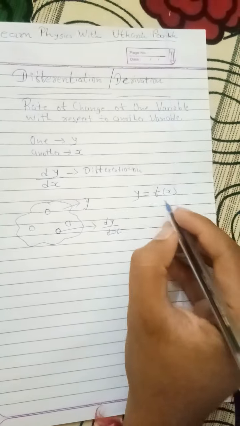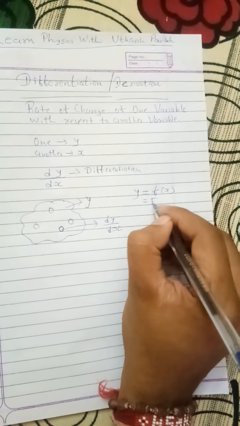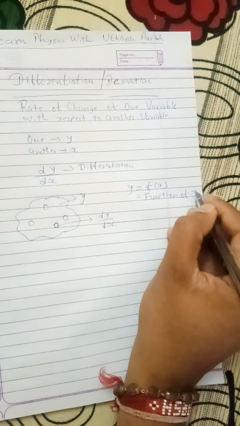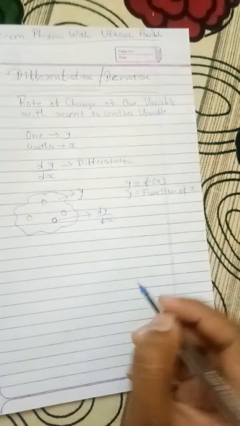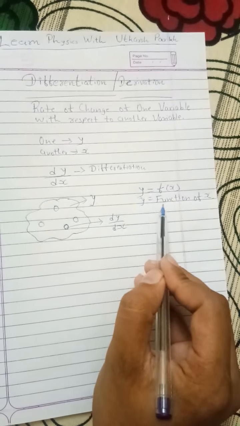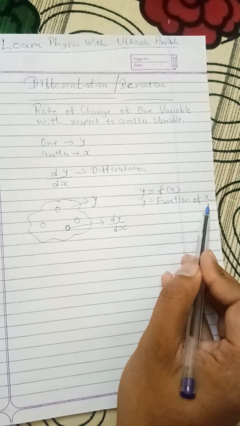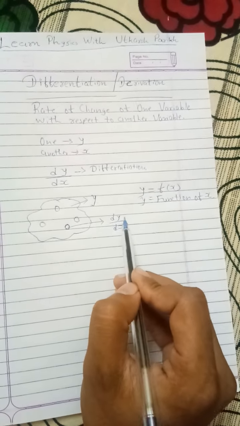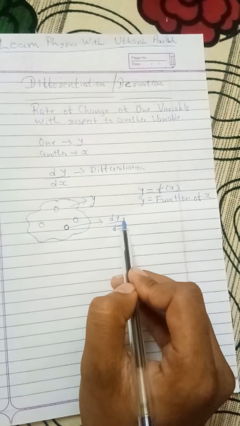And what is the full form of f of x? It is the function of x. So you can differentiate y only if it is a function of x. It means if dy by dx is given, y should be a function of x.